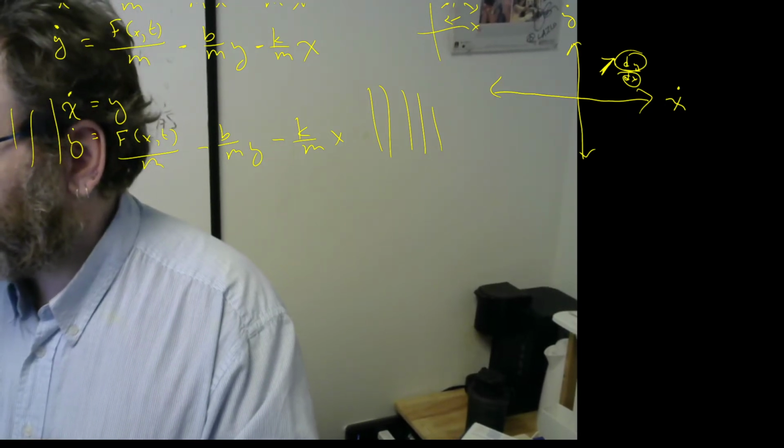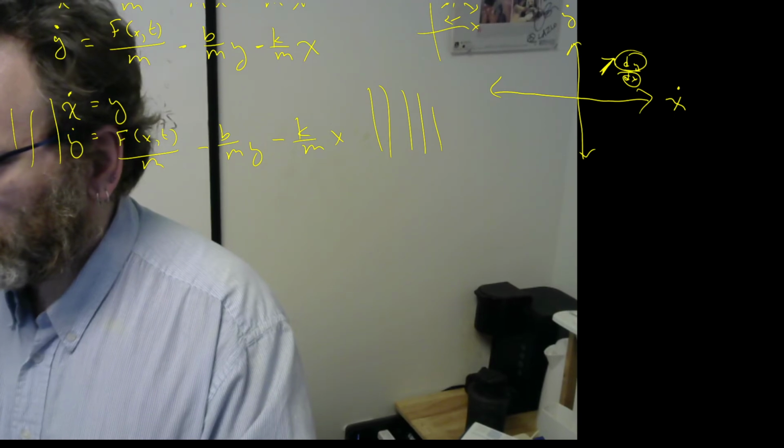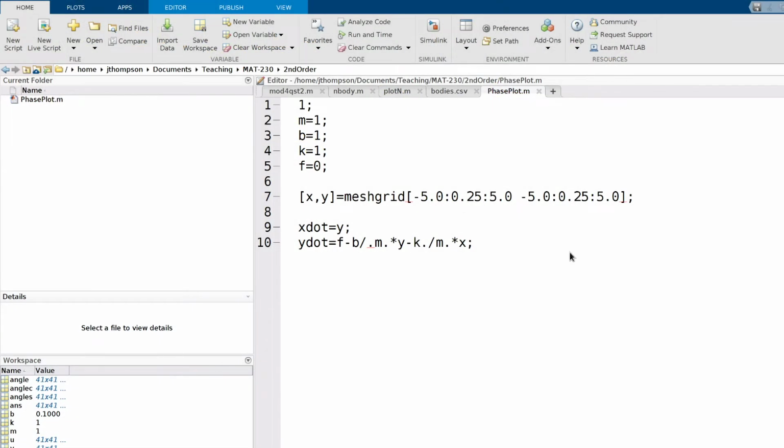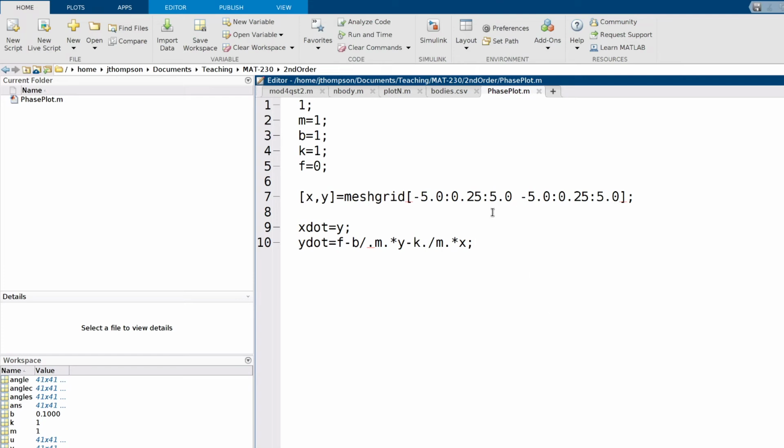All right, let's get back here and get this mesh grid going. Now the first thing I'm going to do is print a quiver object. X dot, comma, y dot, comma, what do I want to do?